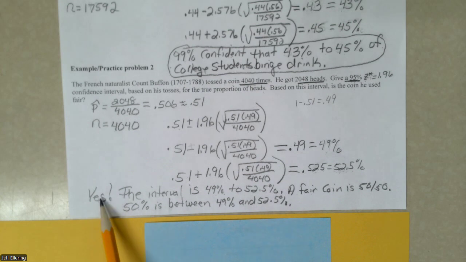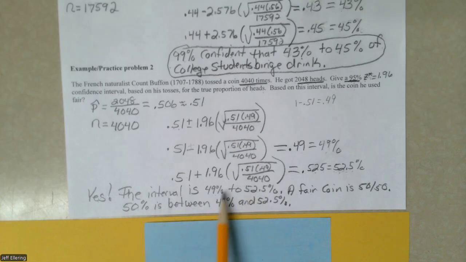So therefore, it is a fair coin. Now, if we would have gotten an answer where 50% was not part of it, then it would have been no. But since 50% is in that interval, we're good.